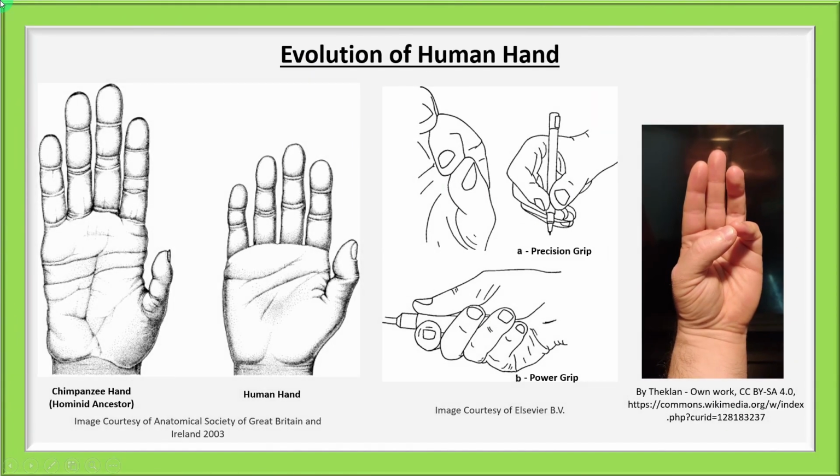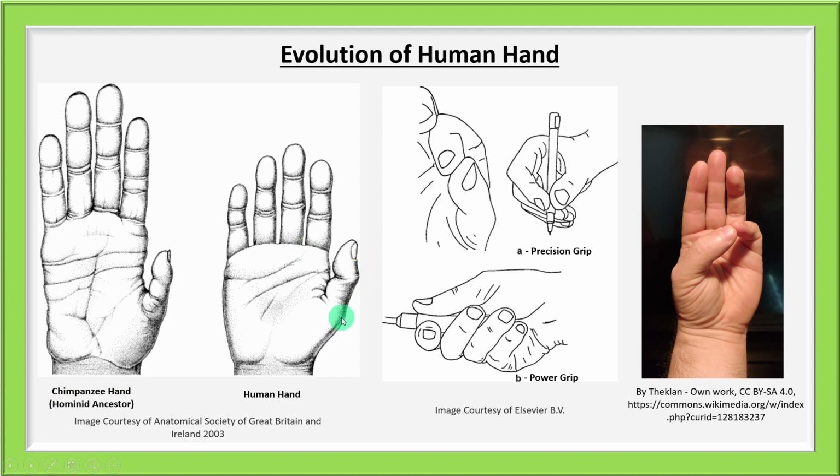Then I'm going to give you two factors that were important for the evolution of art and even the evolution of mankind. The evolution of mankind, you can say, led to the evolution of art. On the left, you can see a chimpanzee's hand, our hominid ancestor, and this is a human hand.